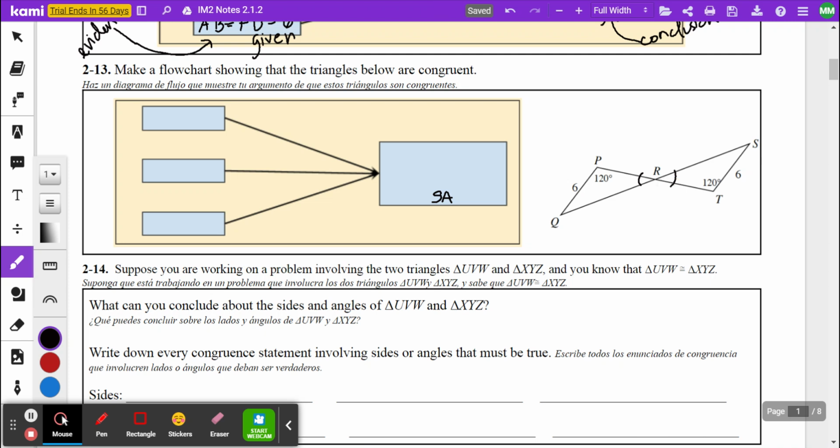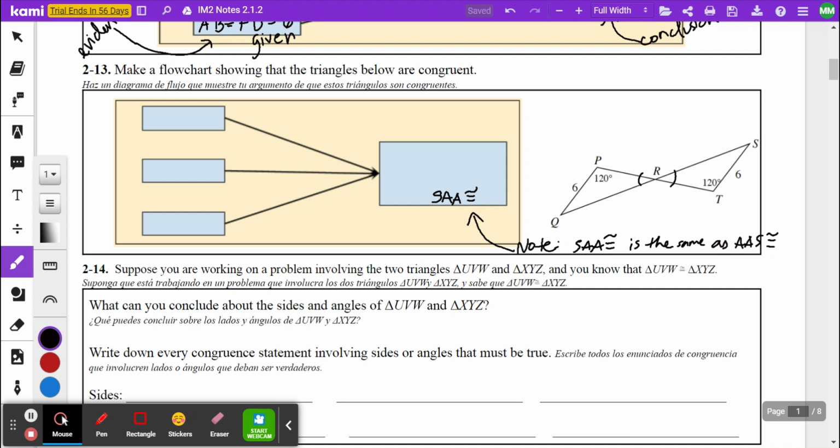So I'll be doing side, angle, angle congruence. Note, side, angle, angle congruence is the same as angle, angle, side congruence, right? We've got two angles in sequence and a side, which is not included between them.